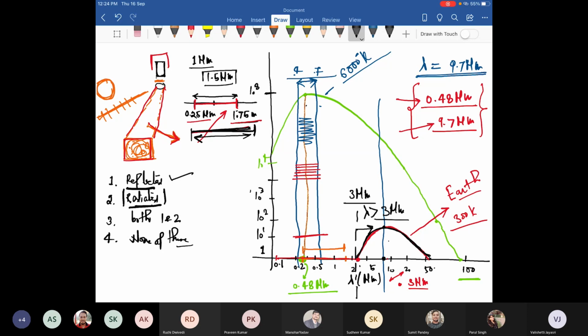So if I change this range, the sensor is somewhere in the thermal band.